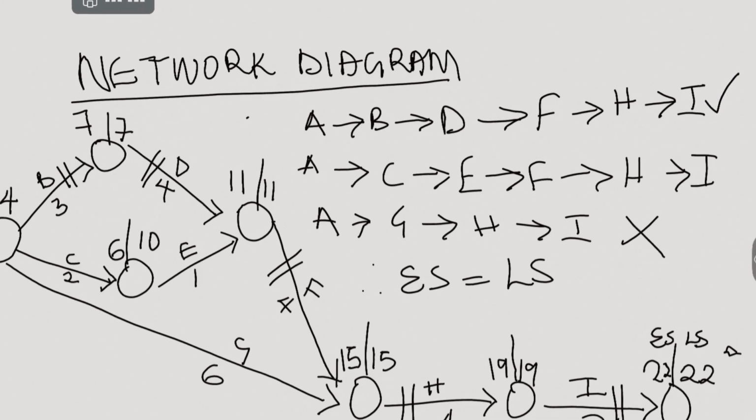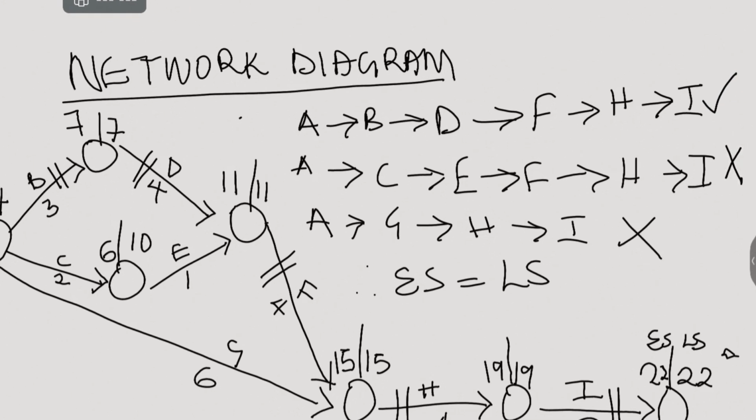So this one is discredited because ES is not equal to LS. If you look at the diagram, from A to C, C is 6 and 10, which already discredits A, C, E, F, H, I from being the critical path.